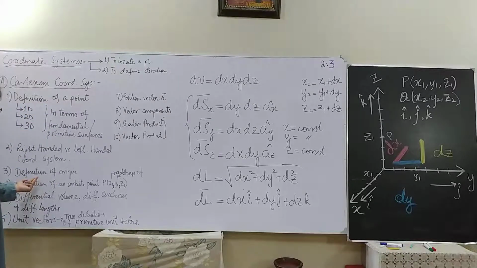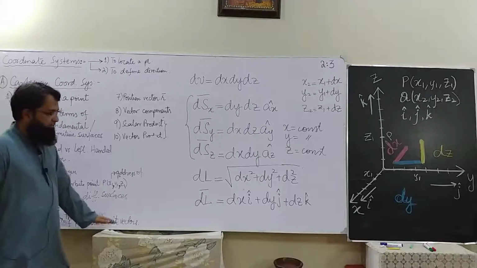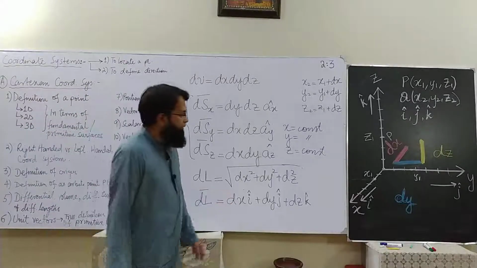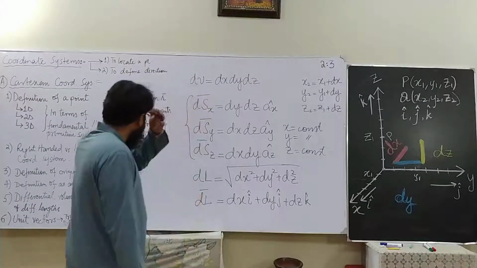The third and most important thing in developing a coordinate system is to define unit vectors, the unit vectors which are primitive to that particular coordinate system.